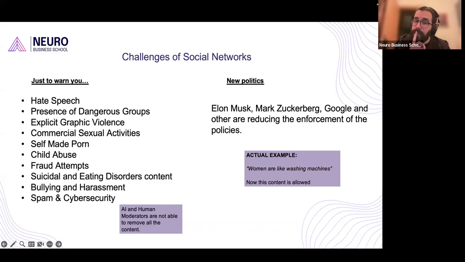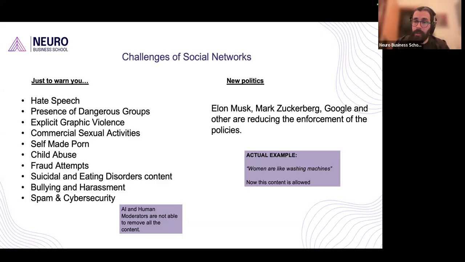But these policies can change. That's also a problem. Something that is normally considered bad and worthy of removal, depending on new politics, new ideas, new waves of ideas about free speech, can change. And there is an example of that, which actually happened.